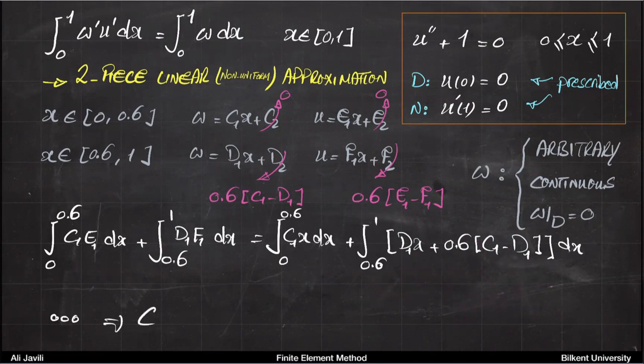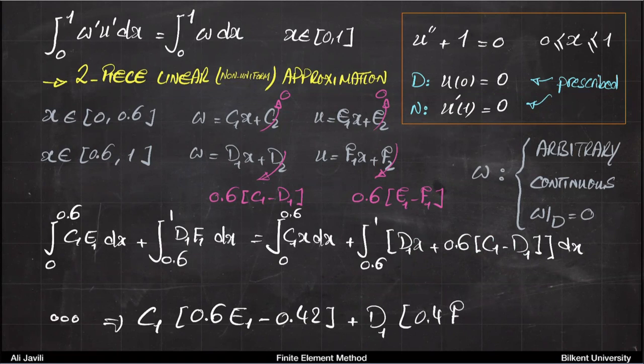It's going to look like C1 (0.6 E1 minus 0.42) plus D1 (0.4 F1 minus 0.008) equals 0. Okay, so this is your integral basically. And all we have to do is to calculate these parameters.